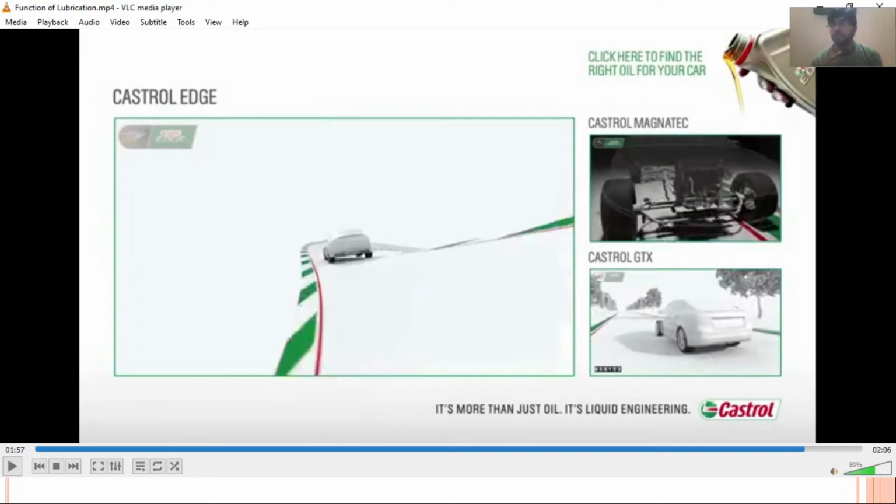Tribology is related to the lubricating oils and the particles which it takes along with it during the lubrication. So tribology is that term, that engineering field, which is related to the lubrication oils.